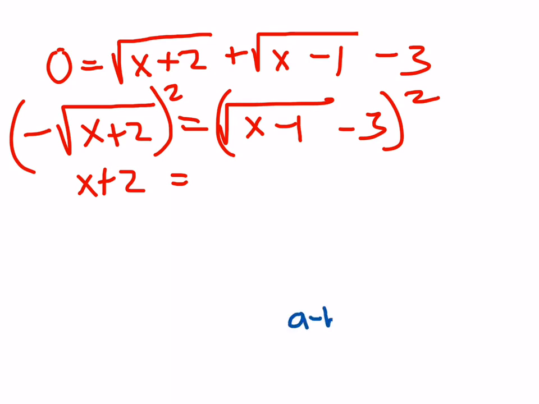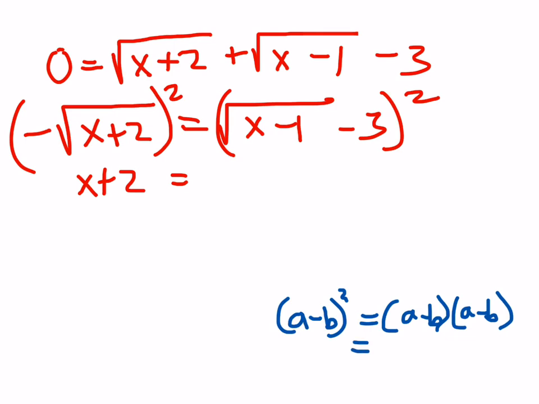If we have a minus b squared, that's like a minus b times a minus b. And square this out, we get a squared minus ab minus ab plus, actually, b squared. And we get that from doing FOIL, if you want to think of it that way, or distributing, and we'll end up with this.